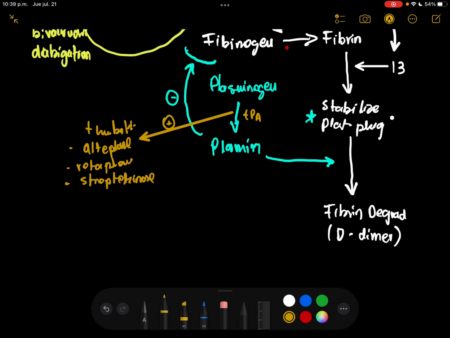And if you're going to block this TPA, I don't allow plasminogen to convert to plasmin. So these drugs are antifibrinolytics.